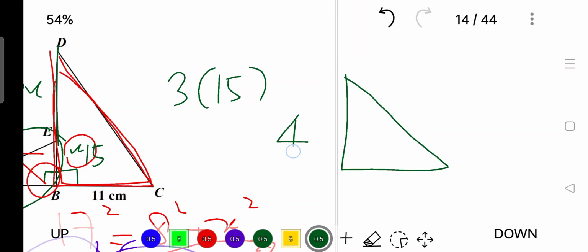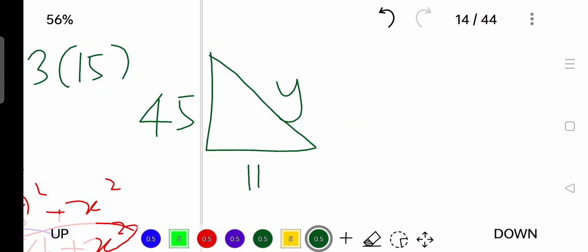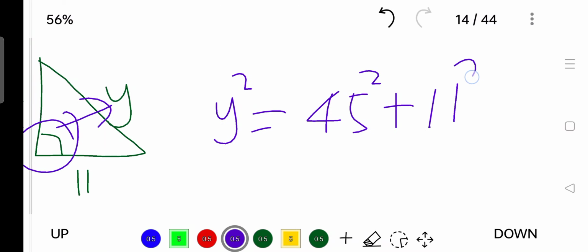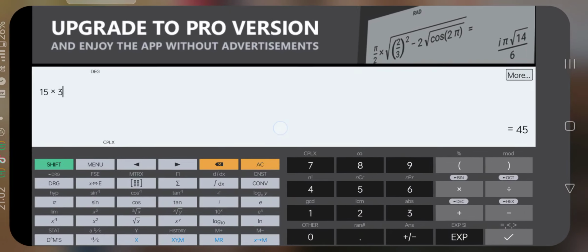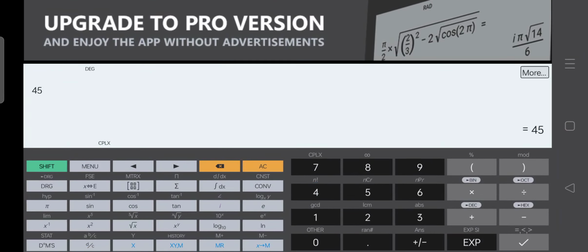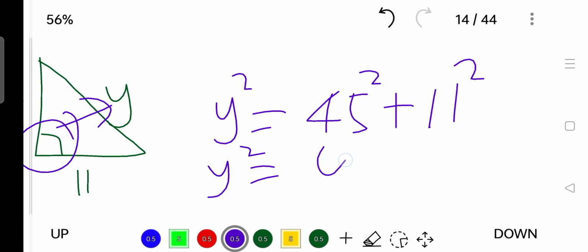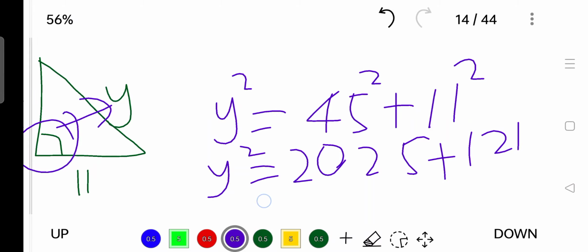It's a little bit messy. Here is 45, here is 11, and this is y. This is exactly what you want to find. This is a right angle triangle. What do you see here? It's y square, and the other two you can simply write squared. 45 square plus 11 square, you will get 2025 plus 121.